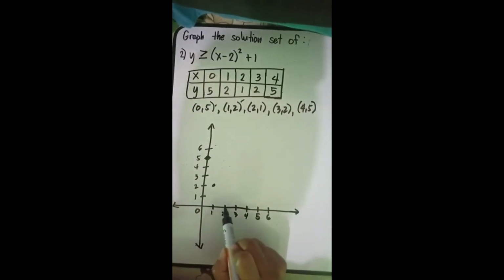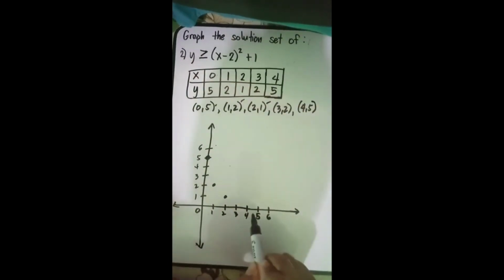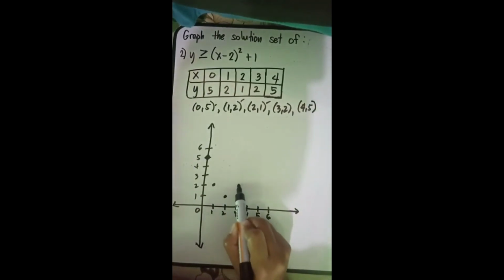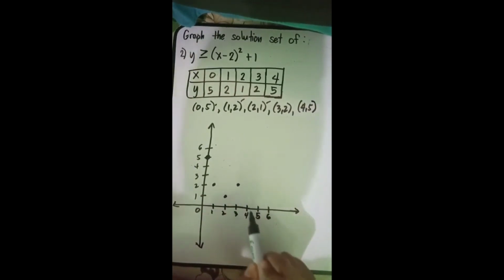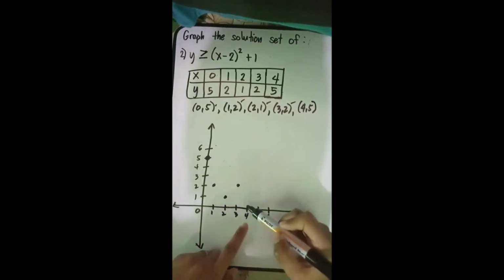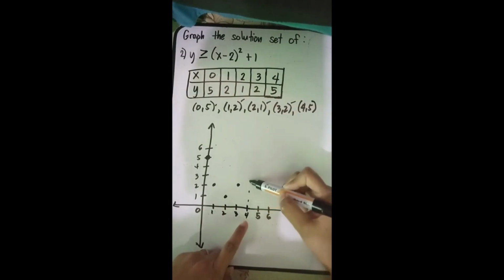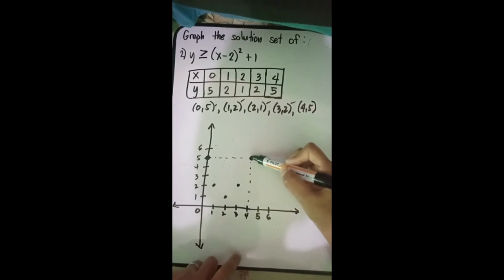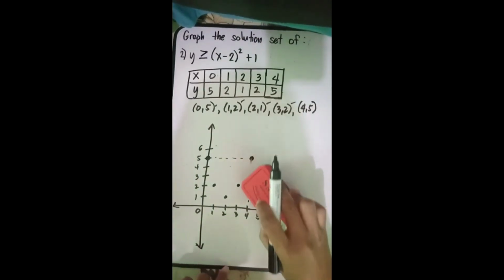So, 2 yung x-coordinate, then our y is 1. So, andito siya. Then, the fourth one, 3, 2. So, approximately nandito. Then, we have 4, 5. Ayan. So, approximately, andyan yung points natin.